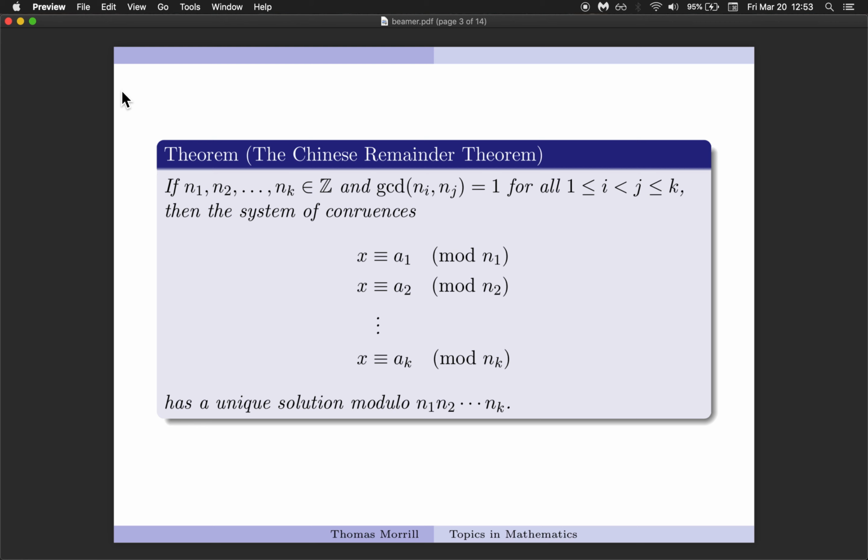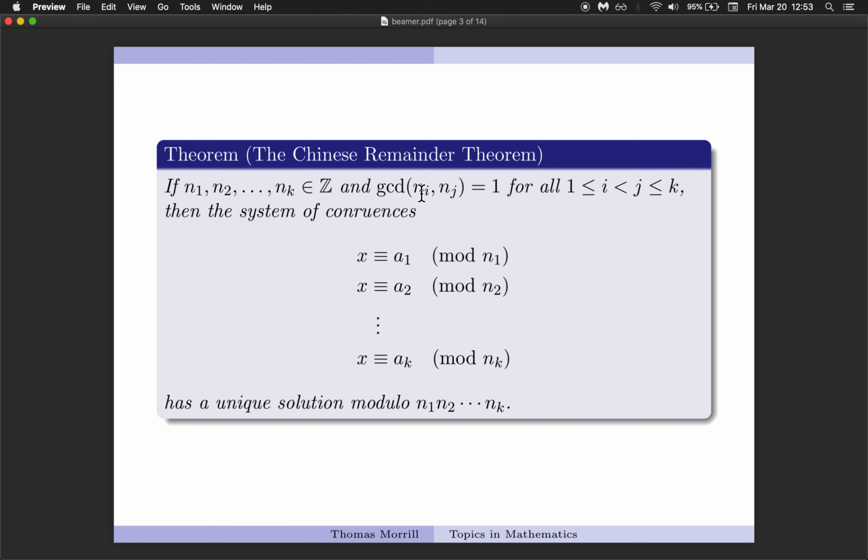So the full version of the Chinese remainder theorem can work for any number of moduli. Here, n1, n2, n3, up to nk will be integers, and I need each of these integers to be relatively prime to each of the others.